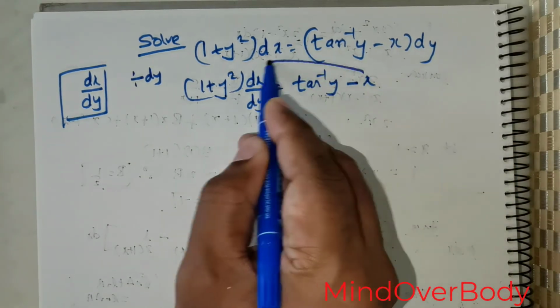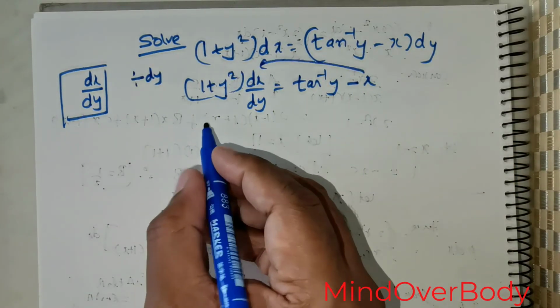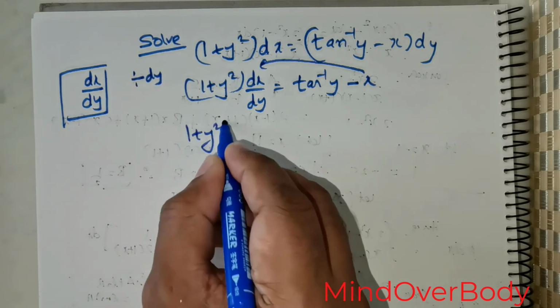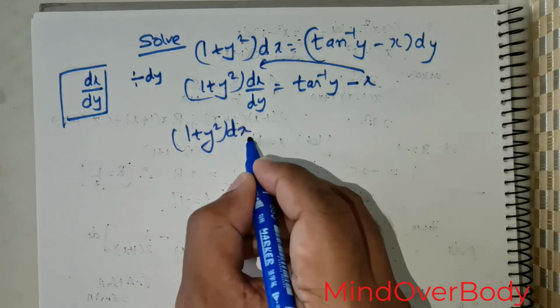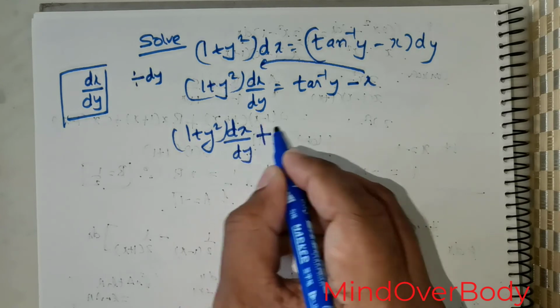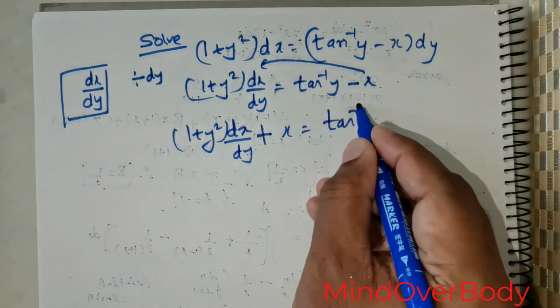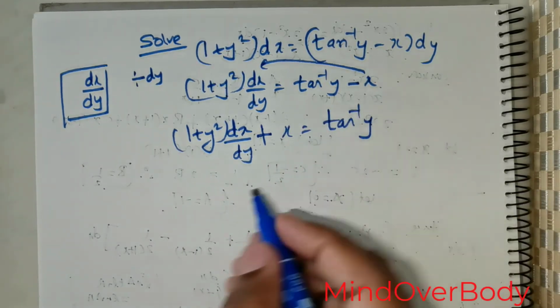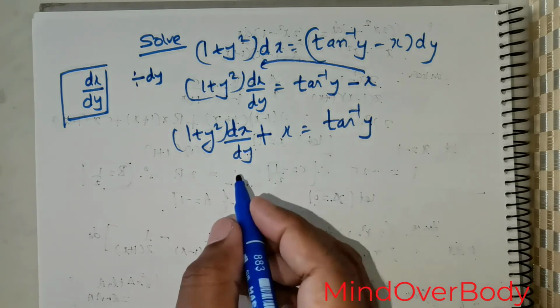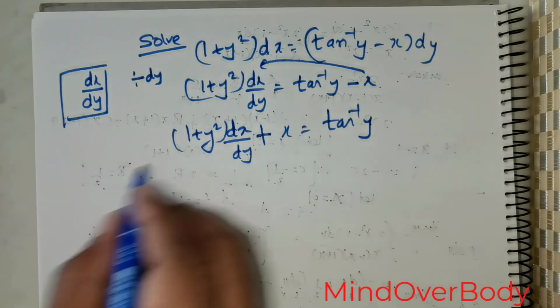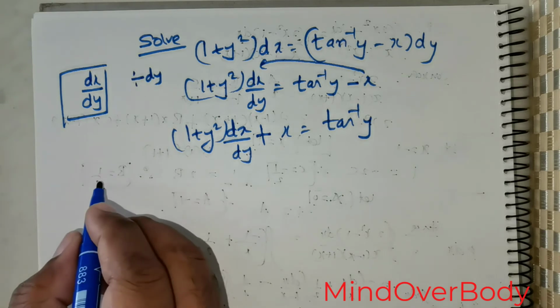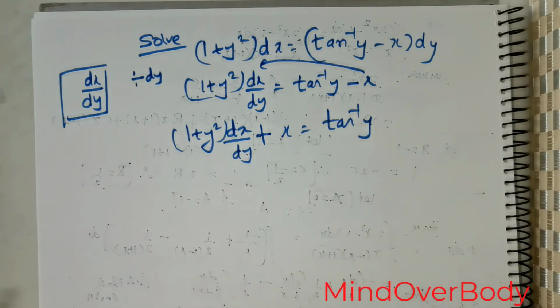Now what I wish to do is move this x to the left hand side. So this is going to be 1 positive y squared times dx over dy positive x is equal to tan inverse of y. Now this is something similar to what we have seen, but still not yet what we really needed.